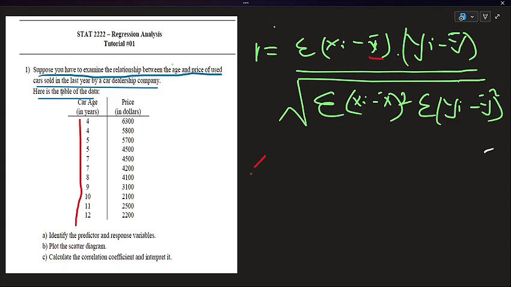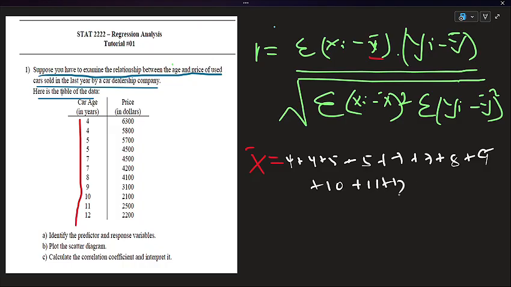You have to add all the values together. x bar equals 4 plus 4 plus 4 plus 5 plus 5 plus 7 plus 7 plus 8 plus 9 plus 10 plus 11 and 12.